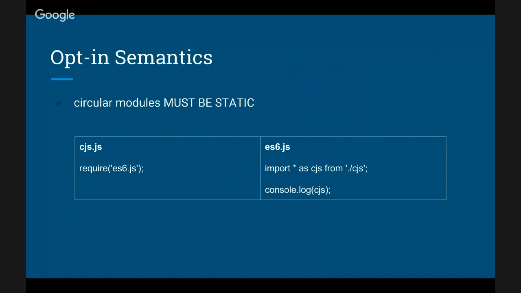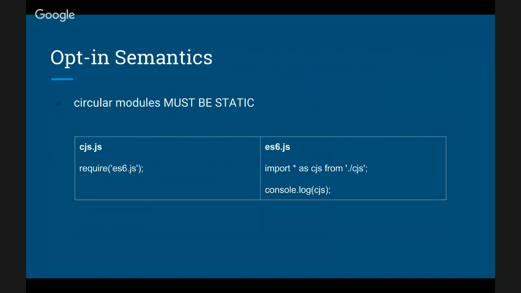That's because when ES6 modules try to see the exports of a circular dependency, the CommonJS module hasn't finished being evaluated. So its current list of exports is empty. So in this case, it doesn't matter what's in cjs.js. It could export as many things as it wants. However, these will not be visible from the ES6 module if it's a circular dependency.